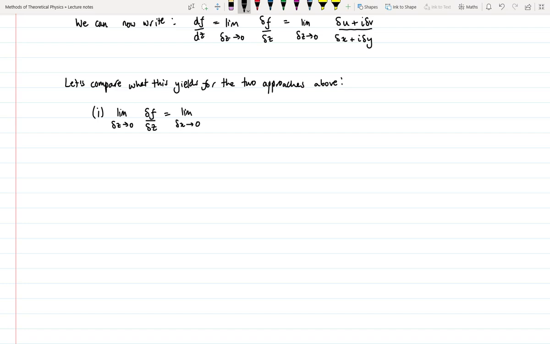So this becomes the limit as delta x tends to 0 of delta u plus i delta v over delta x. So we've effectively set delta y equals 0 in the expression at the top of the page. Note that delta z is purely real.